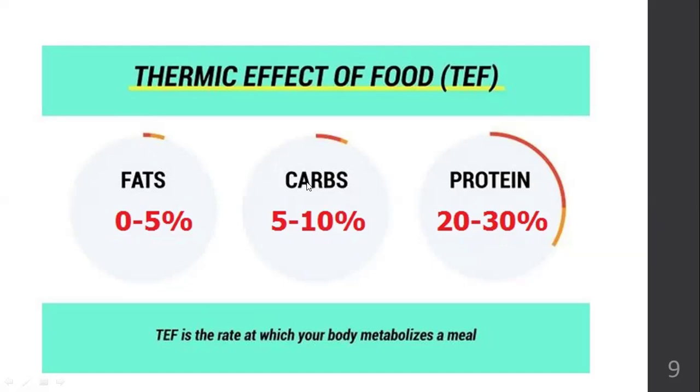That is TEF. So even if you have 500 kilocalories of protein, you can't say that you have 500 kilocalories in your body. You can only say 400, because 100 kilocalories is going to be used up by your body to break down protein, metabolize it, absorb it, and store it.